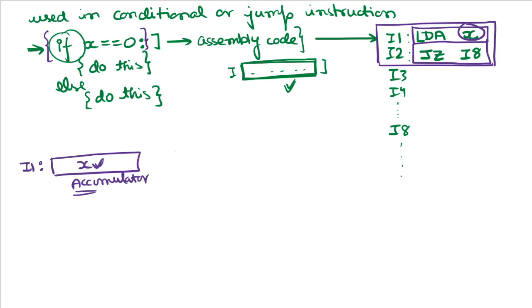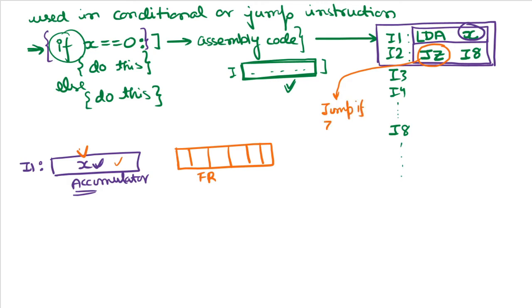And since the flag register contains the status of values inside the accumulator, the flag register will have the flags with respect to this value x, right? Now there is another instruction which is jump if 0. This JZ means jump if 0. What does it mean?